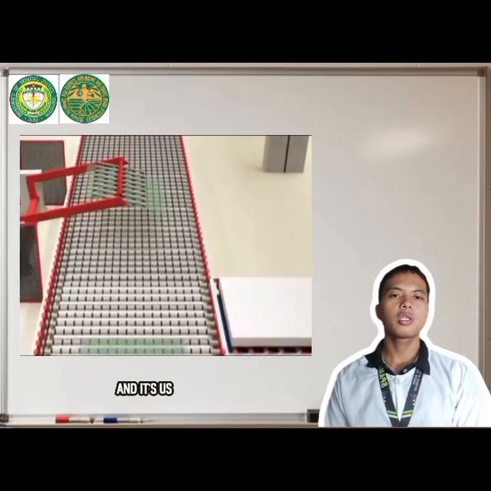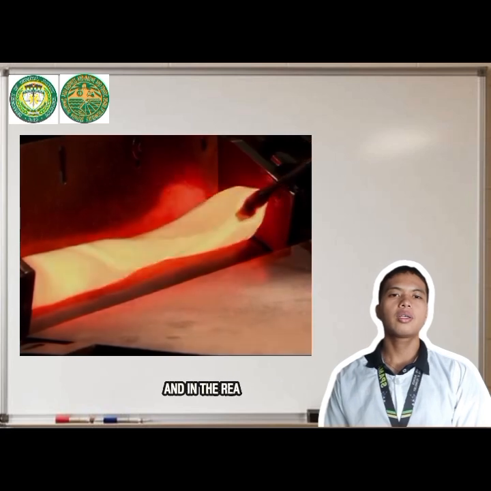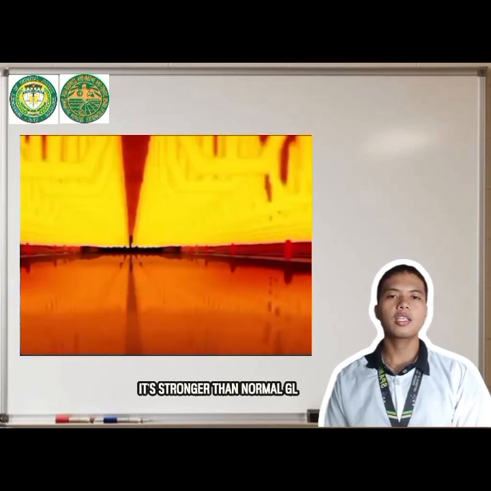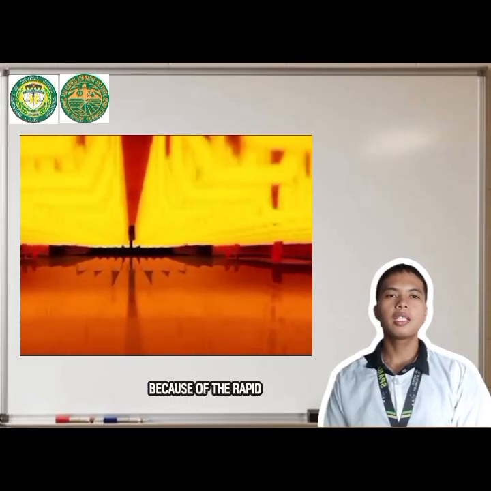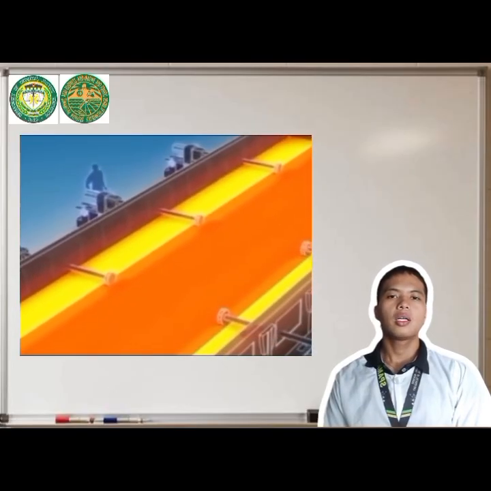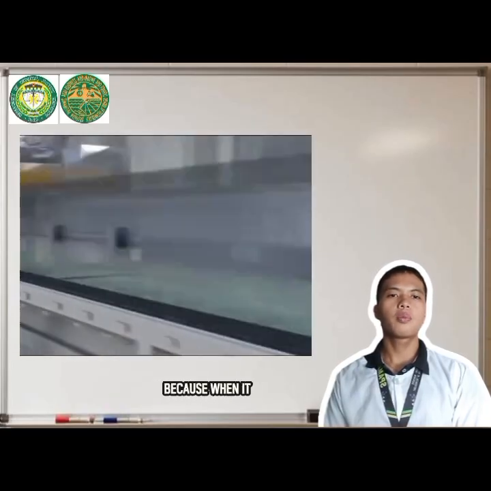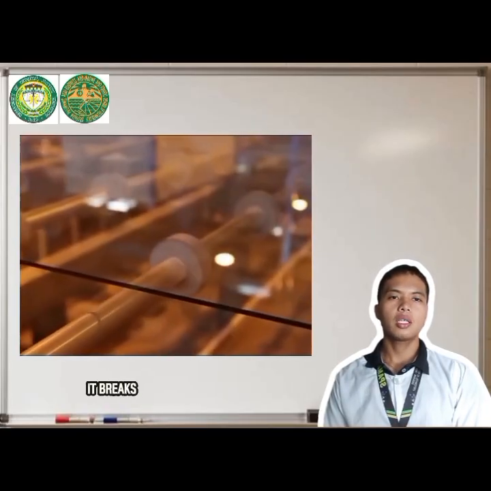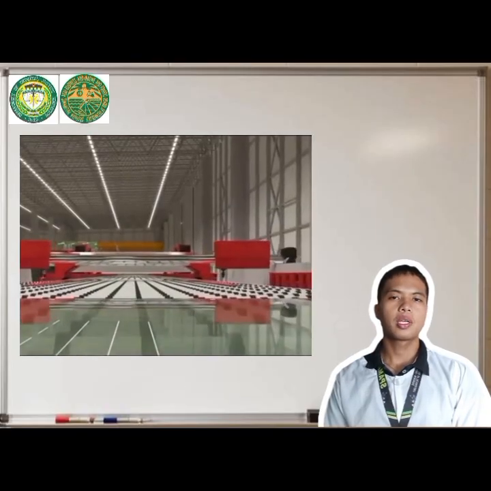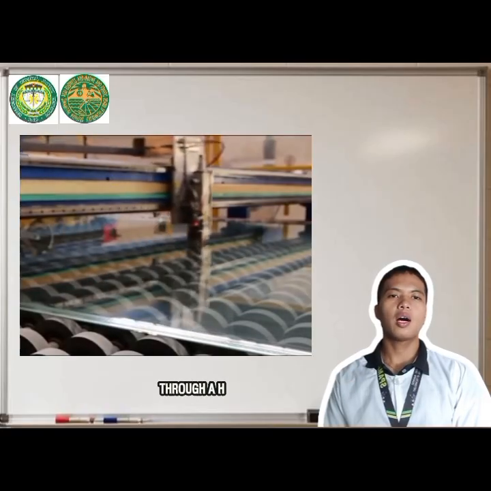And it's used in the side windows of cars and in the rear of cars. It's stronger than normal glass because of the rapid heating and cooling process of the glass surface. It's relatively safe in the case of an accident because it breaks into very small fragments rather than big sharp shards, like what would happen when you throw a baseball through a house window.